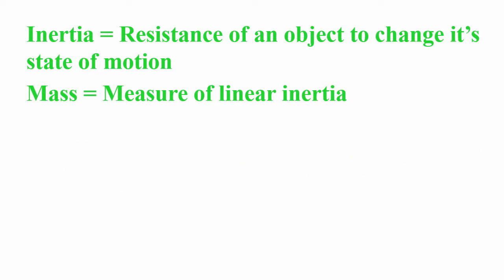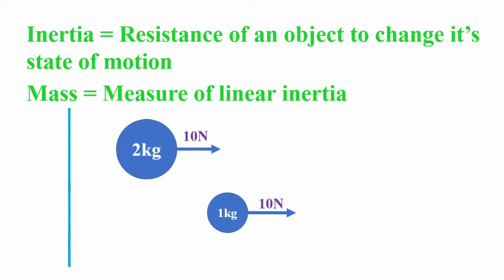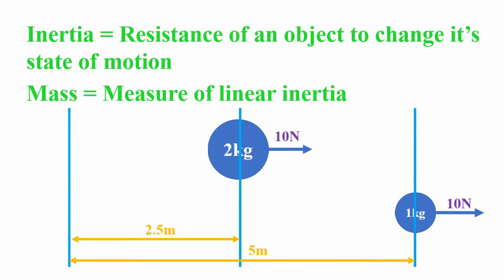If you wanted to, you could easily verify this experimentally. Imagine that you have a 2 kilogram object and a 1 kilogram object. If the same force acts on both of these objects, let's say about 10 Newton, the two objects will move, and if you measure the distance that both of these objects move in 1 second, you will see that the 2 kilogram object only moves 2.5 meters, but the 1 kilogram object moves 5 meters.